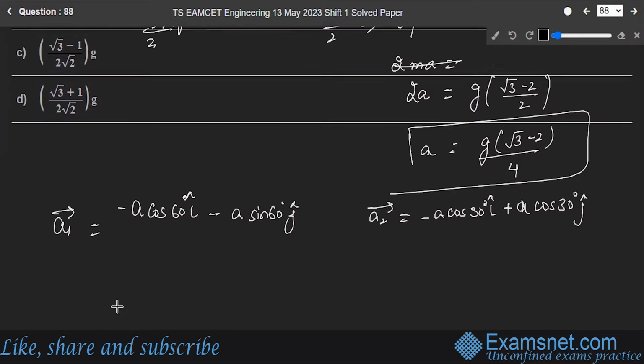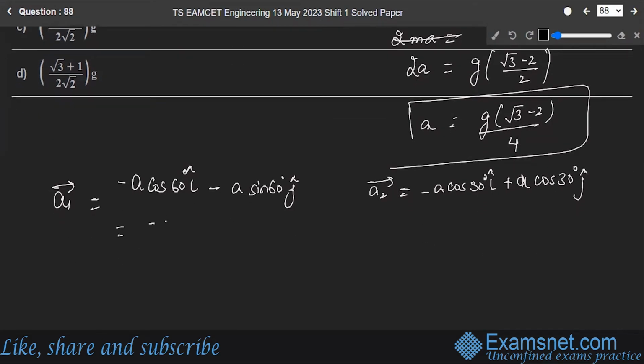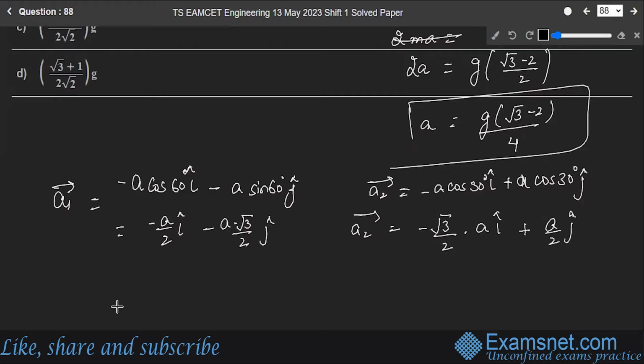So this will be equal to minus a by 2 i cap minus root 3 into a by 2 j cap, and for a2 this will be minus root 3 upon 2 a i cap plus a by 2 j cap.